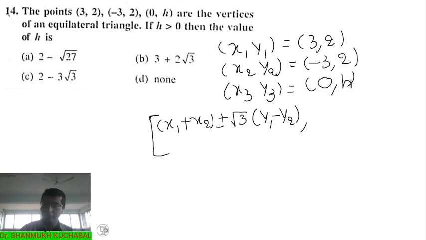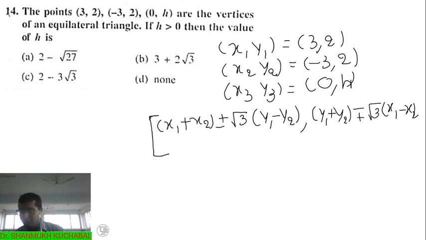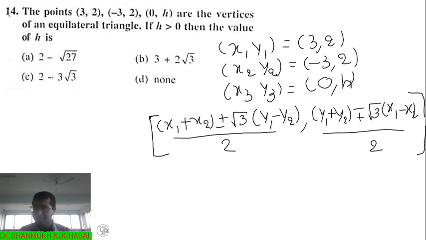Similarly, one more, y1 plus y2 minus or plus root 3 times x1 minus x2. So we have to write one more coordinate, that is the second y coordinate. It is given by y1 plus y2 minus or plus root 3 times x1 minus x2, and the whole divided by 2, and here also it is divided by 2, okay.